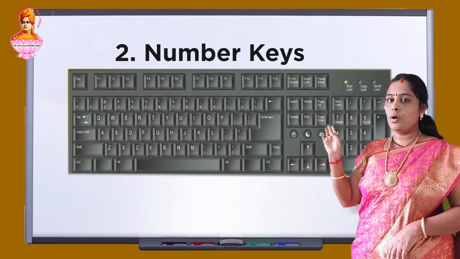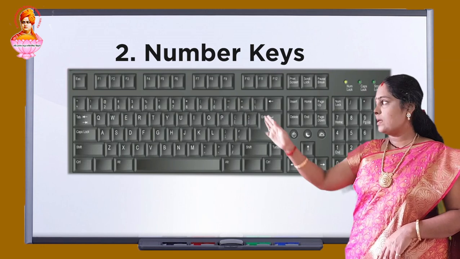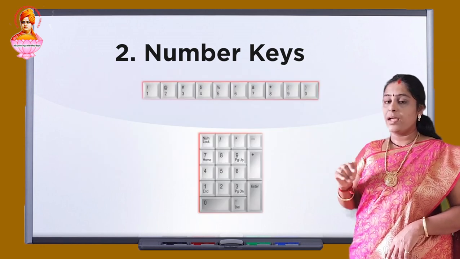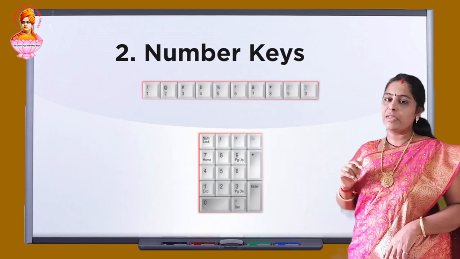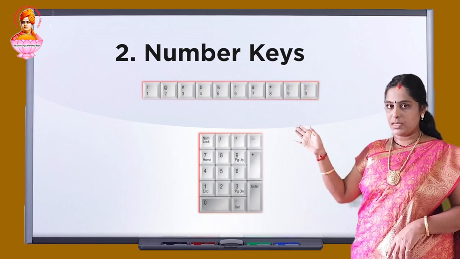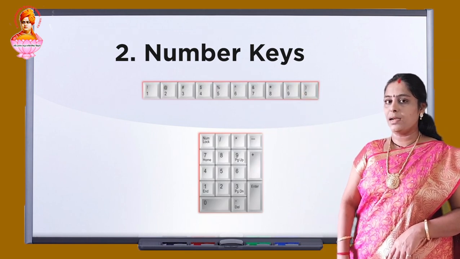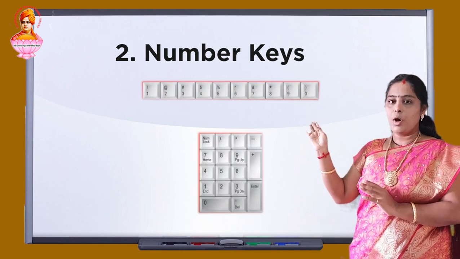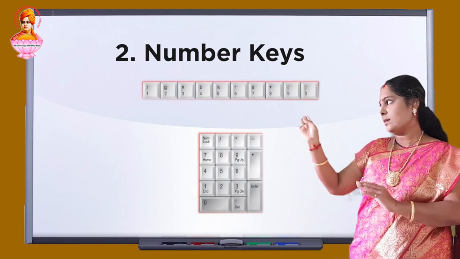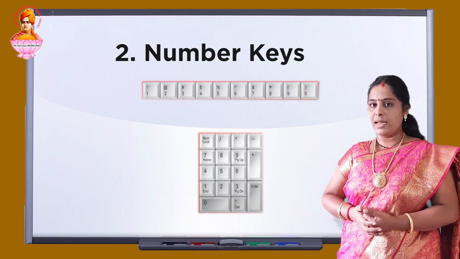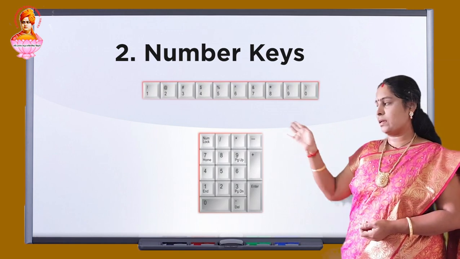Okay, children? So the number keys have numbers from 0 to 9. What is the use of these number keys? We can type numbers. If you press any number on this keyboard, the number is automatically input to our monitor, and we can see the output on our screen. So this is the use of number keys.